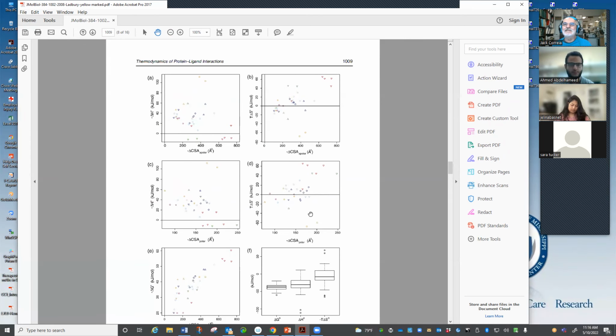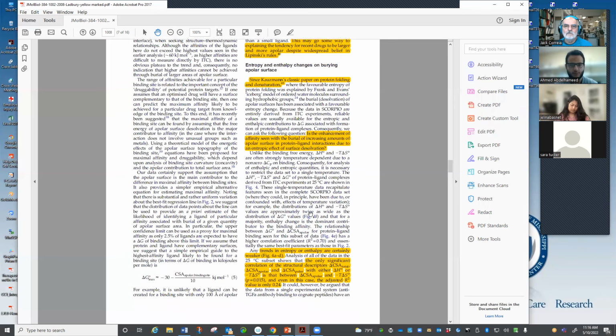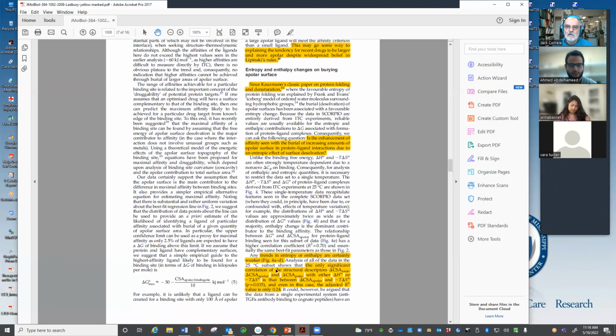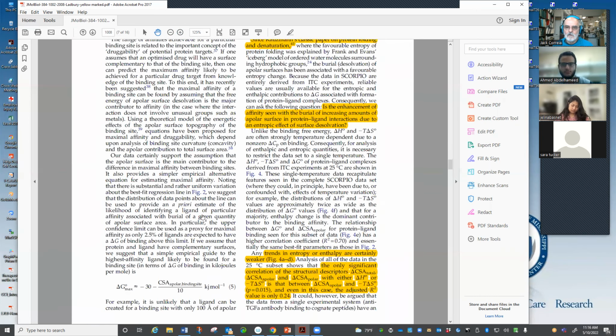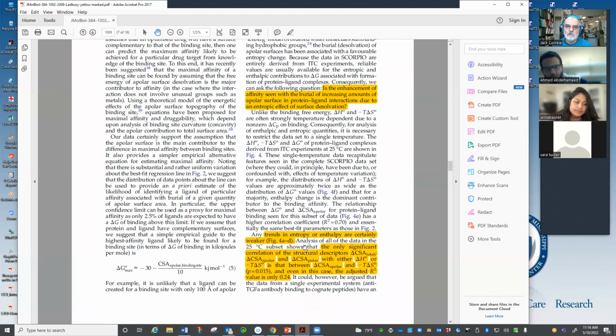All right, and they say up above here, trends in entropy or enthalpy are certainly weaker. The only significant correlation of the structural descriptors, total, apolar, polar, with either enthalpy or entropy, is that between apolar and entropy.